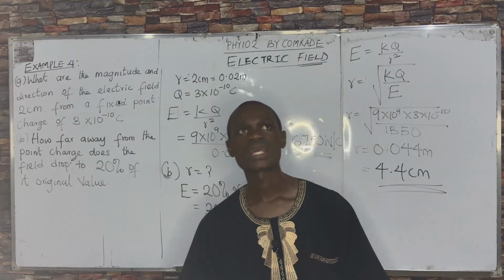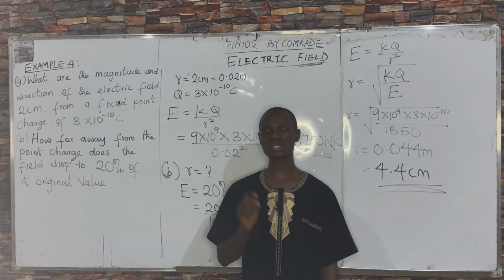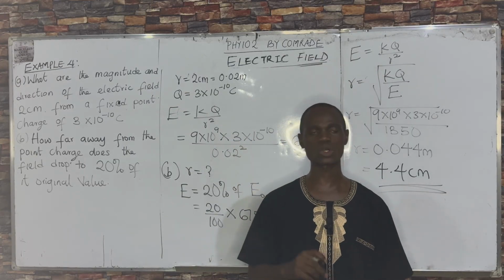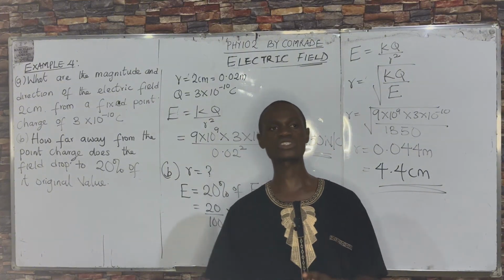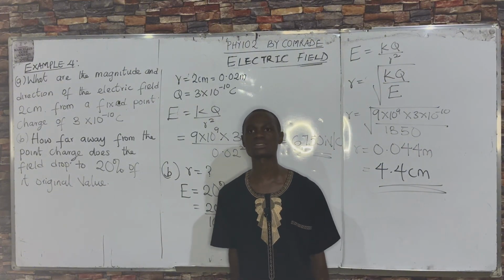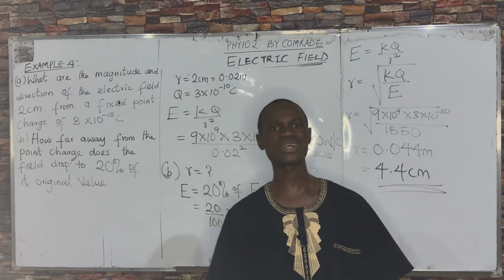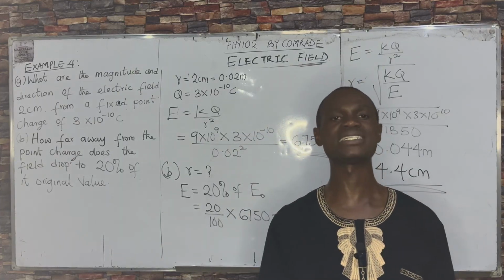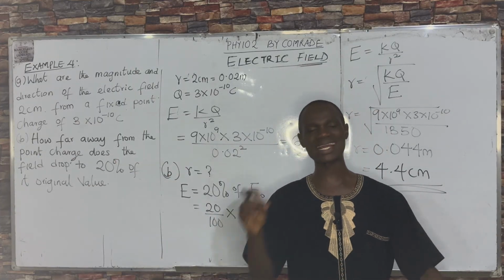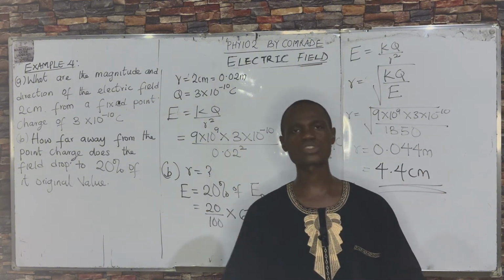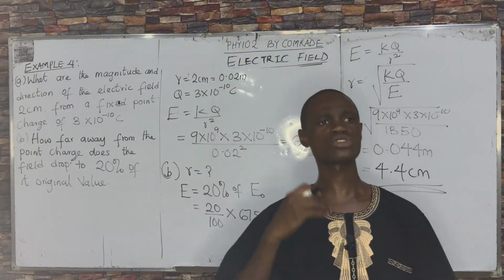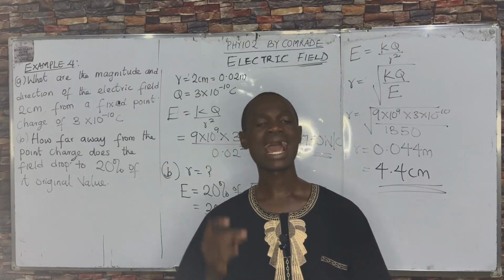The strength of a field at a particular point is called the electric field intensity, which is defined as the force per unit charge at that point. A positive charge creates a field that radiates outward, while a negative charge creates a field that radiates inward.